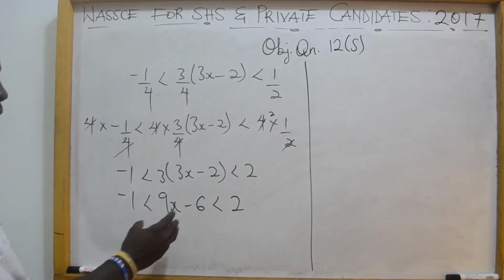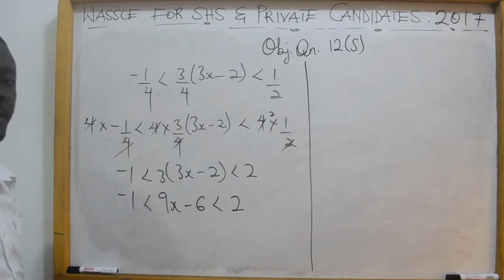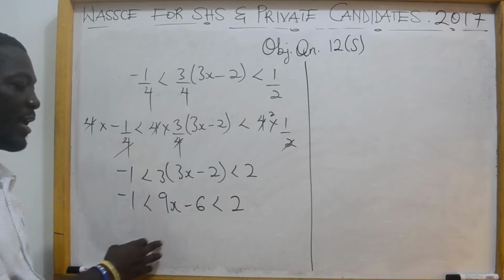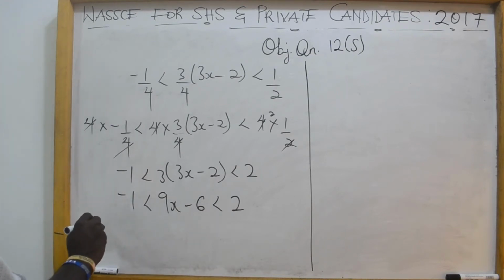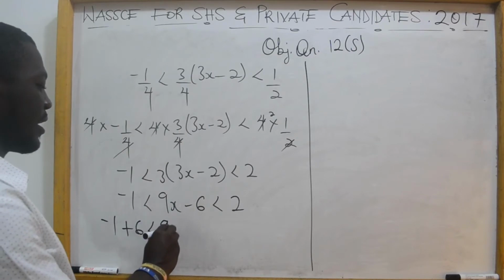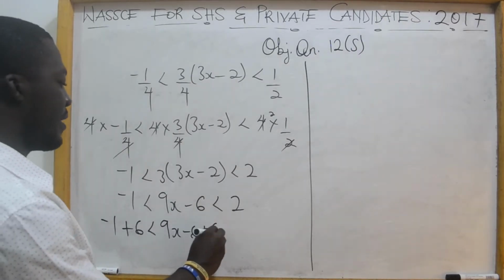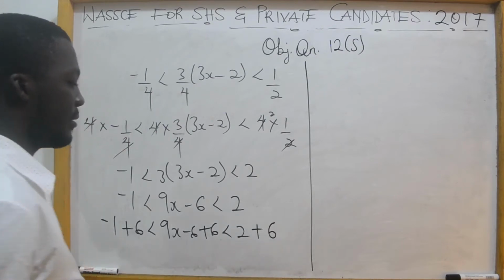Now we have 3 sides, 1, 2, 3. We want to make x the subject. So we add 6 to each of the sides. So -1 plus 6 is less than 9x minus 6 plus 6 less than 2 plus 6.